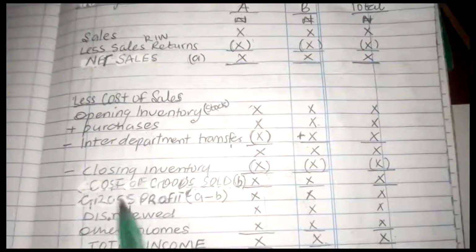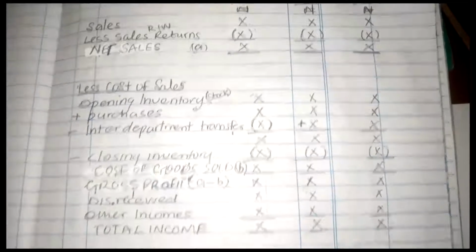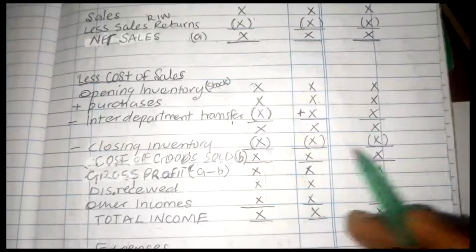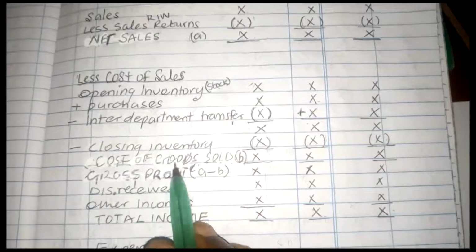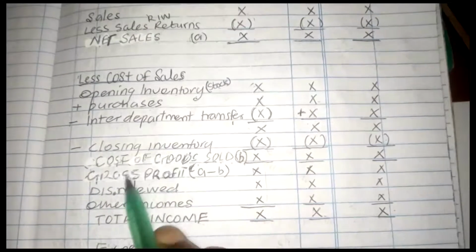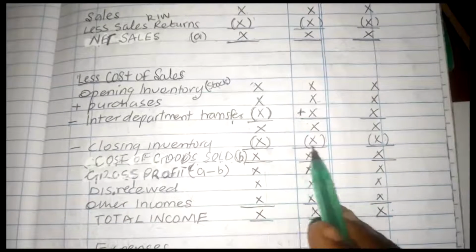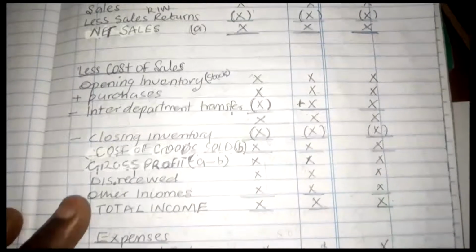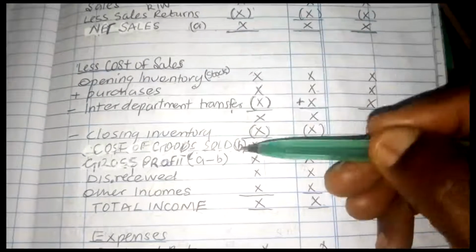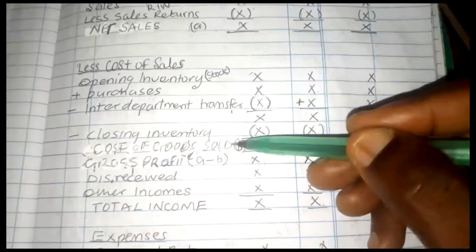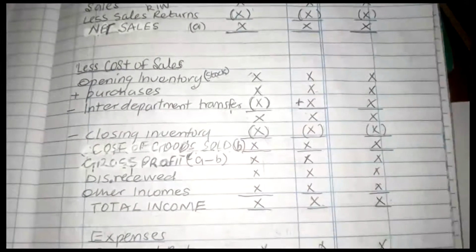Now, closing inventory. You will subtract your closing inventory. So it will give you cost of goods sold. When you subtract your closing inventory from this figure, it gives the cost of goods sold, which you then subtract from the net sales.